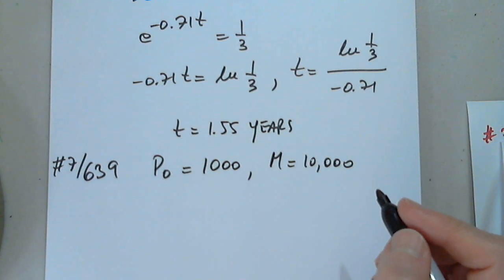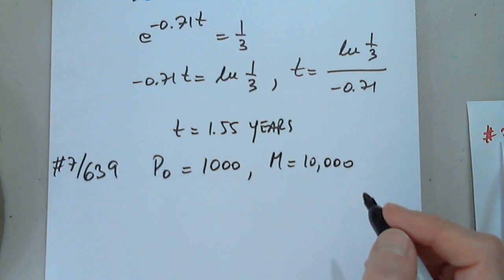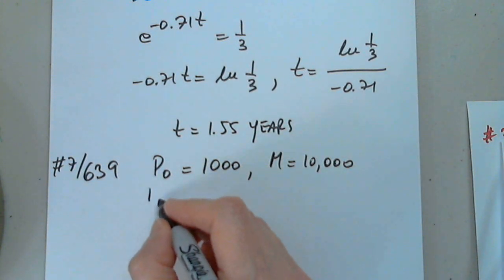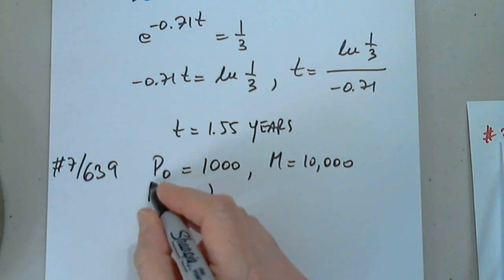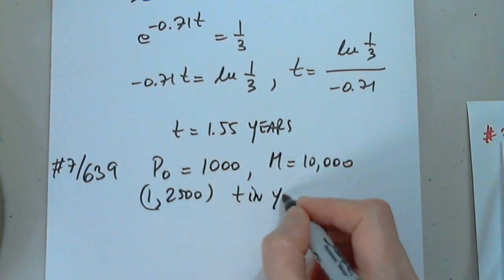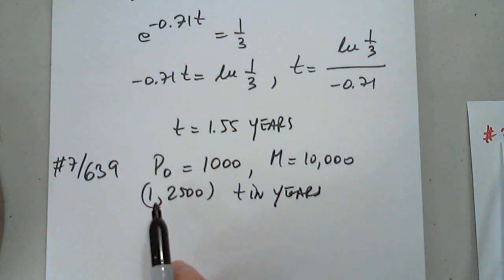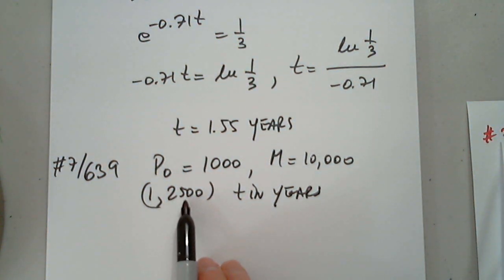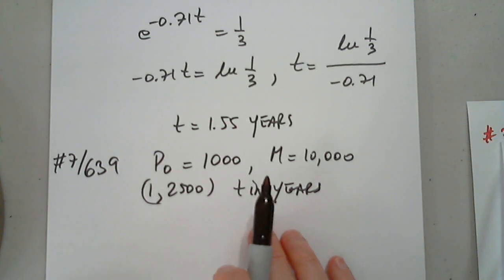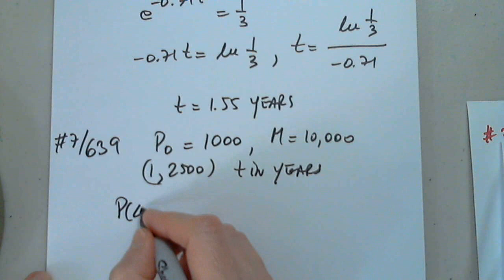If the population grows to 2,500 after 1 year, we're given the point, with t in years. So after 1 year, the population is 2,500. What will the population be after another 3 years? So in other words, they're asking us to find P of 4.